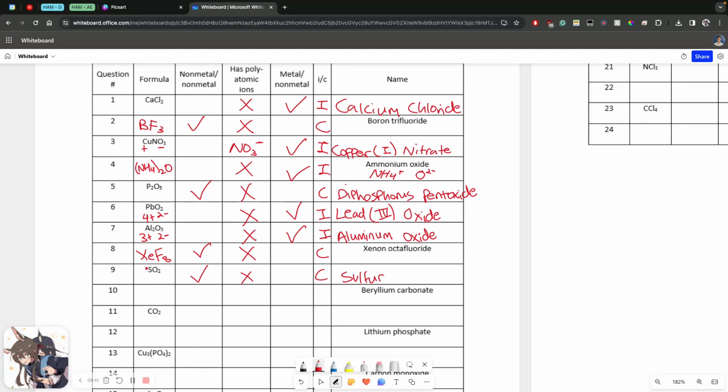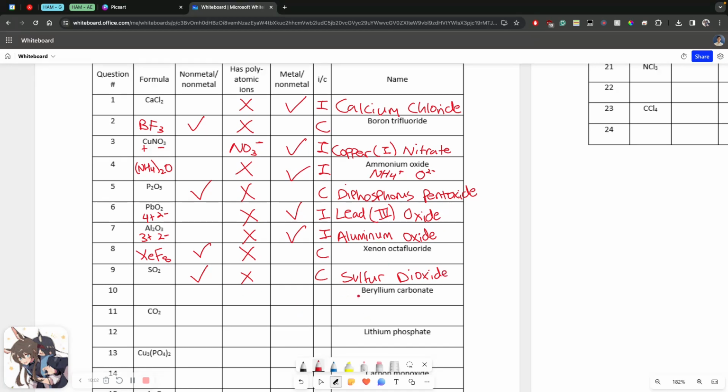So the first element, the S, we do not put any prefixes on that. So it's just sulfur. And since we have 2 oxygens, we're just going to put dioxide. And that's it.